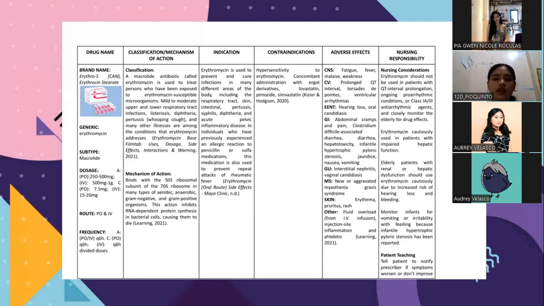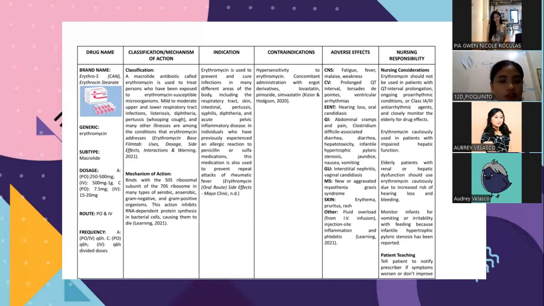Essentially, it interferes with the bacteria's ability to make proteins, which are essential for growth and reproduction. As a result, bacterial cells are unable to produce the proteins they need to survive, leading to their death. This mechanism makes erythromycin an effective antibiotic for treating bacterial infection.